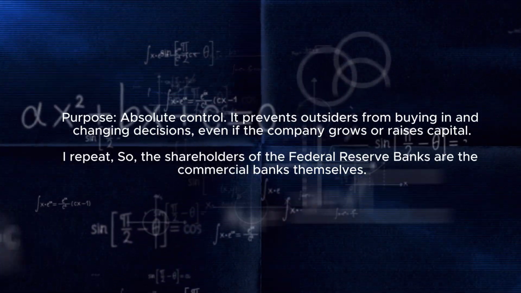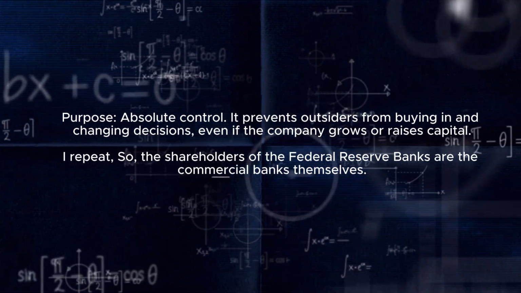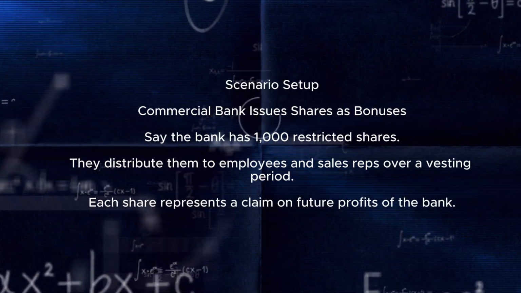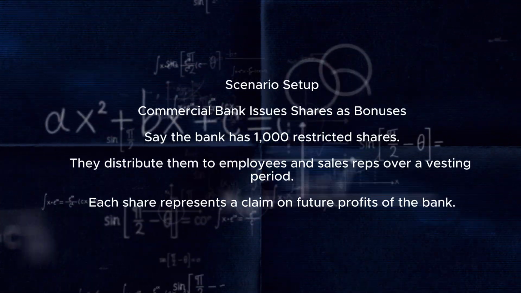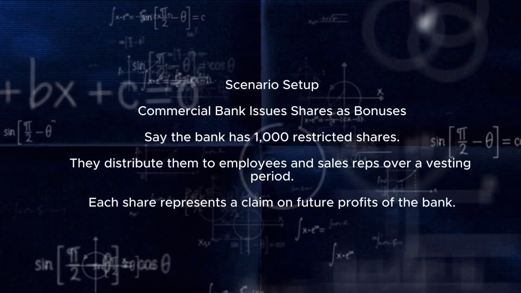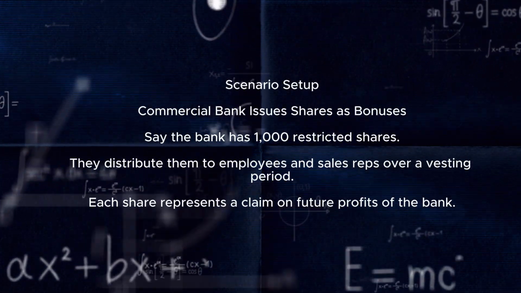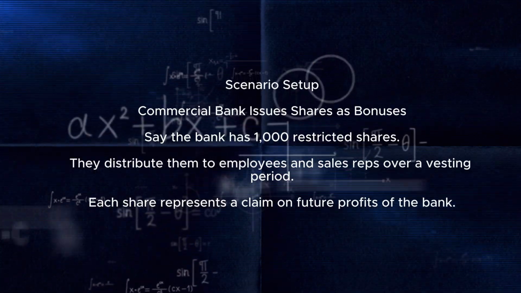I repeat, the shareholders of the Federal Reserve banks are the commercial banks themselves. Scenario setup: a commercial bank issues shares as bonuses. Say the bank has 1,000 restricted shares. They distribute them to employees and sales reps over a vesting period.